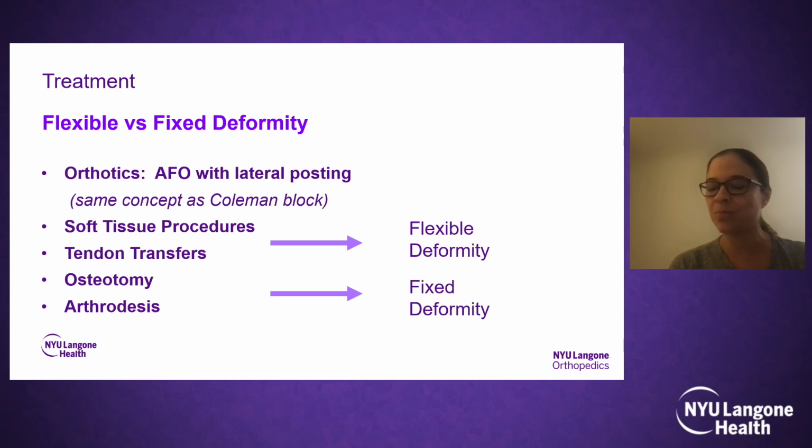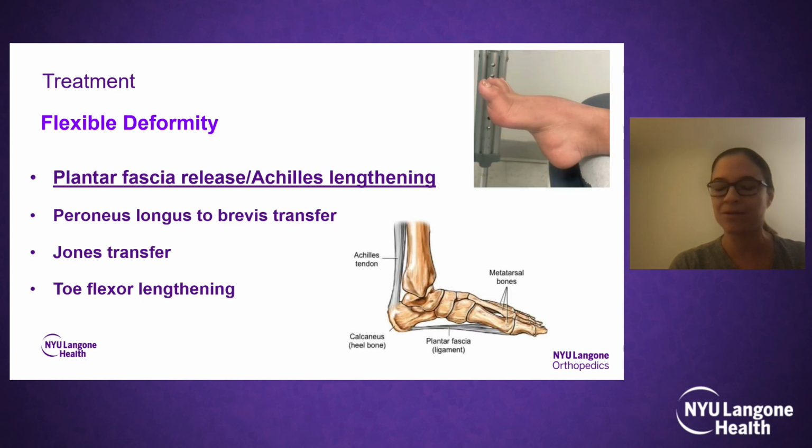We're going to do soft tissue procedures for these flexible deformities, and then we're going to incorporate osteotomies or even an arthrodesis, which is a fusion, if we get a stiffer foot with a fixed deformity. And really, in all cases, physical therapy is going to be paramount to treating the gait dysfunction.